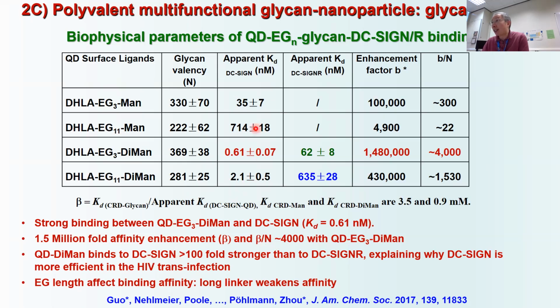We also found that dimannose binds to DC-SIGN much more strongly than to DC-SIGNR. That can also explain why DC-SIGN is more effective in transmitting HIV, because HIV is densely coated with mannose sugars.